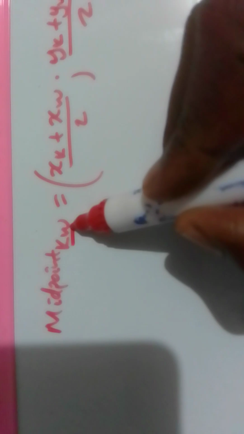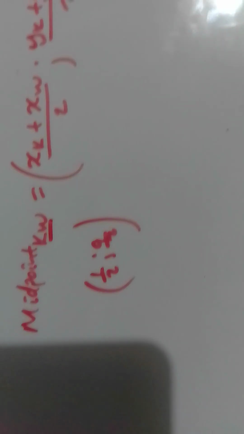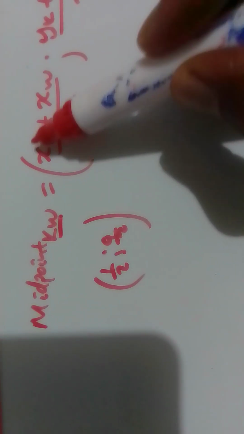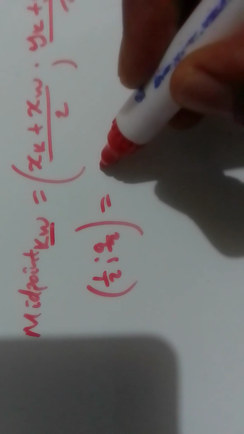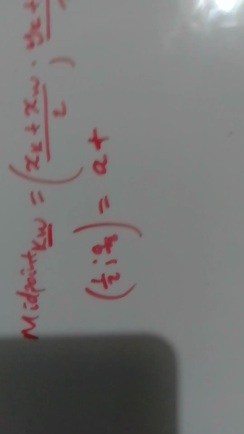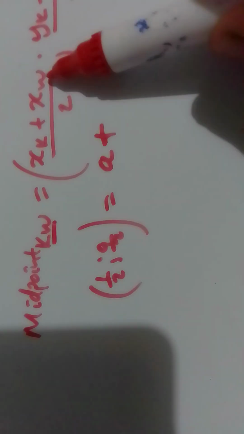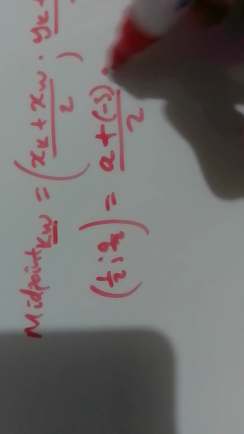The midpoint of KW is the same as the midpoint of what? RT, 1/2 and 9/2. So the x coordinate is 1/2, the y coordinate is 9/2. Observe. And then at point K, our x coordinate, we know that it is A. So here we say A plus our x at point W, which is -3, so I say -3 here, divided by 2.